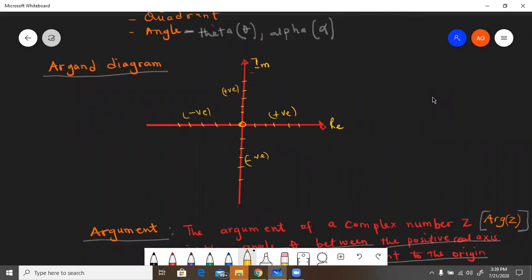Argand diagram, as you can see, is a prototype of a Cartesian plane.